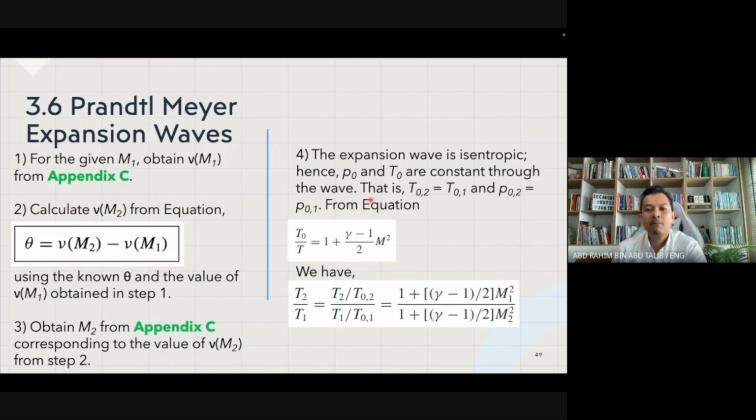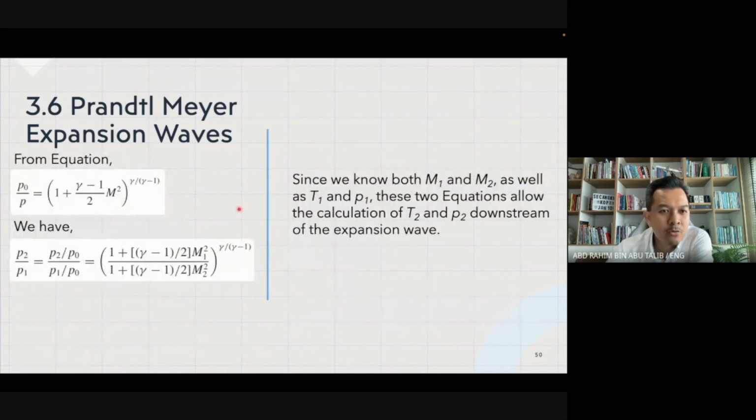Obtain M2 from Appendix C, corresponding to the value of V of M2 from step 2, and then step number 4: the expansion wave is isentropic, hence P0 and T0 are constant through the wave, and that is T02 equal to T01 and P02 equal to P01. And from the earlier equation that we have already looked at, we can then have the temperature ratio T2 over T1. Similarly, from the equation of P0 over P, we can get the pressure ratio P2 over P1.